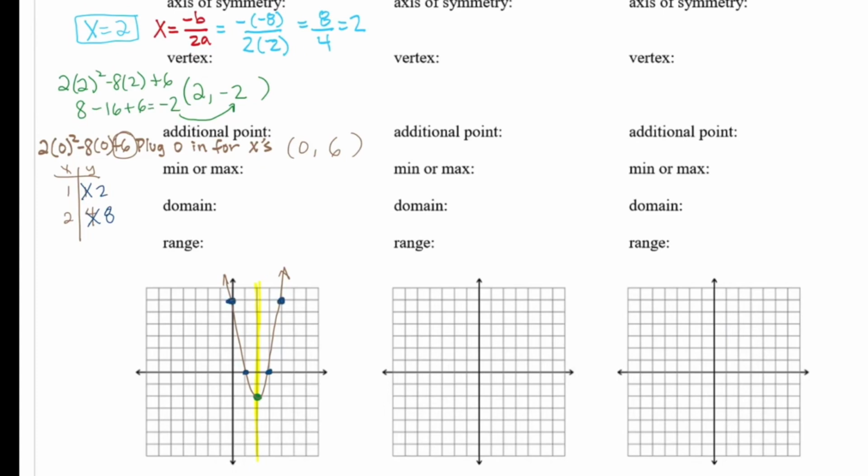And we also go over 2, up 8, which is that same (0, 6) point that we had before. Now this says max or min. This is a minimum because it's down at the bottom. It's going up, the lowest point is the vertex. So it's a minimum at that vertex.